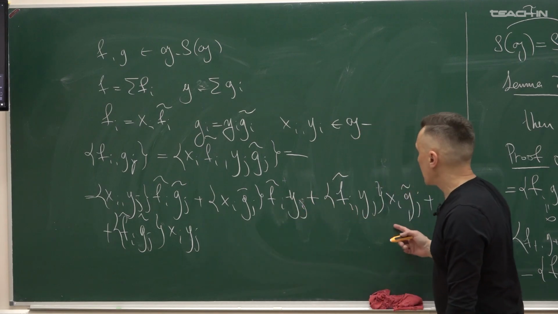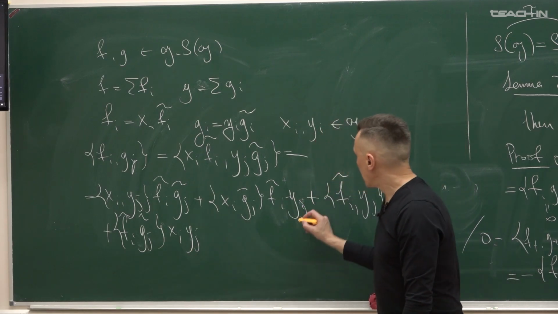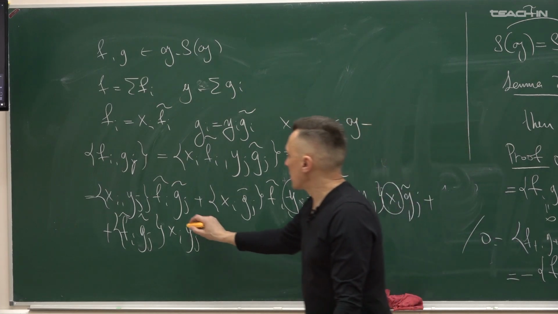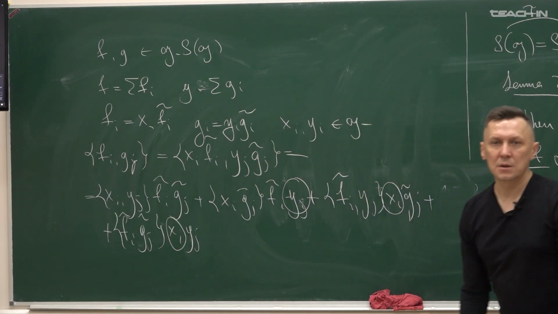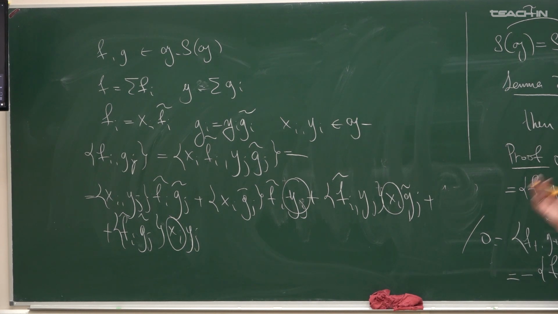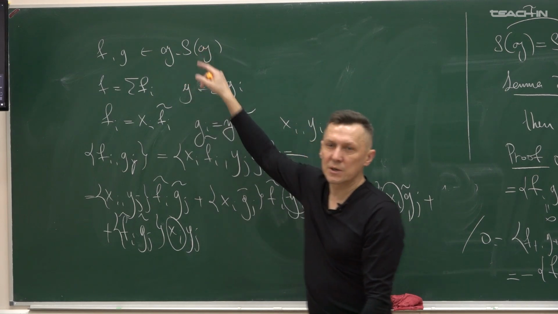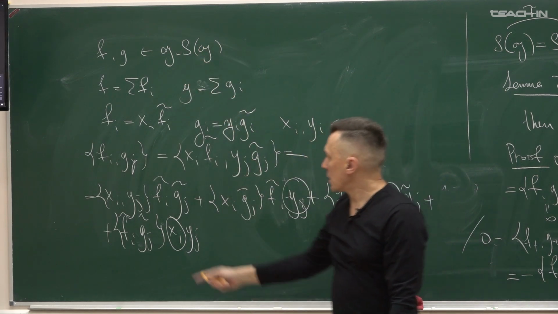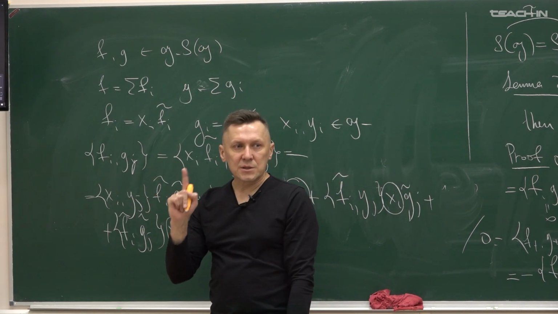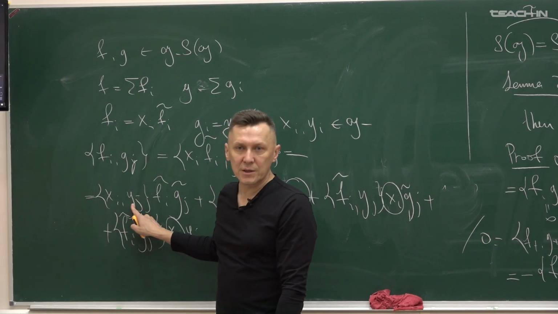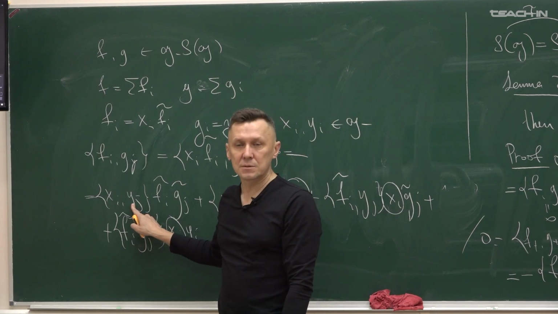So in all 3 terms here, we have an element from G minus. So these monomials are in G minus, or in G minus multiplied by S of G. But we know also that G minus is a Lie subalgebra. So the commutator of 2 elements from G minus is an element of G minus.